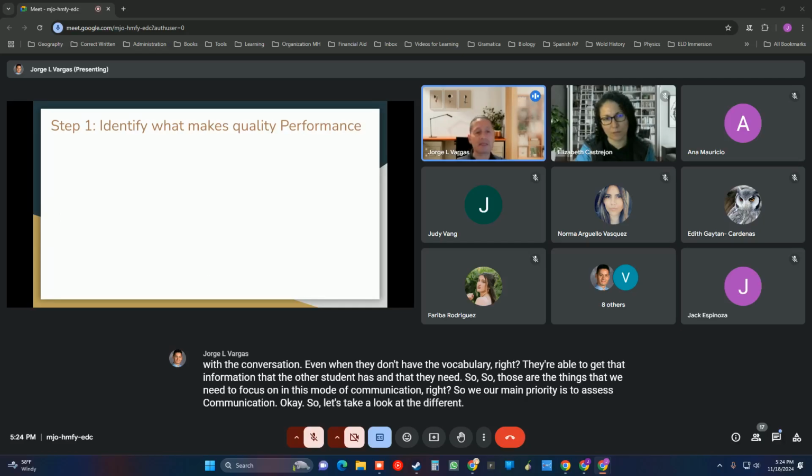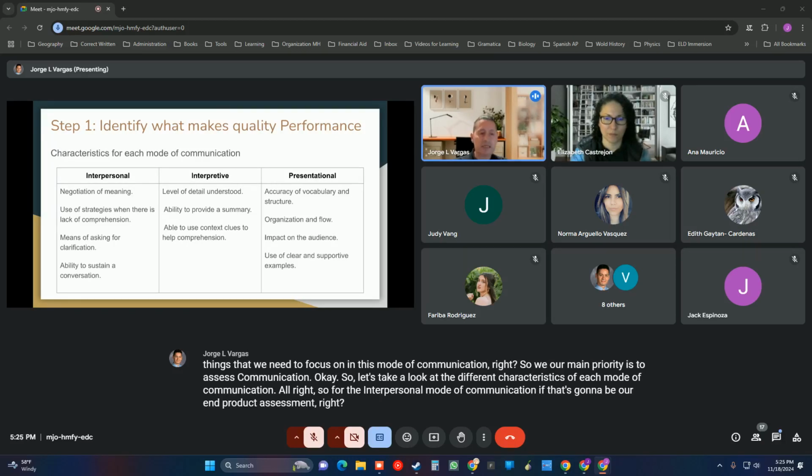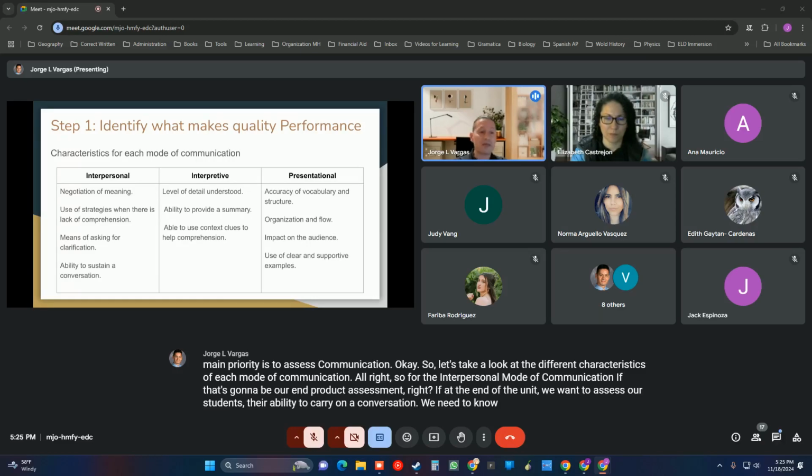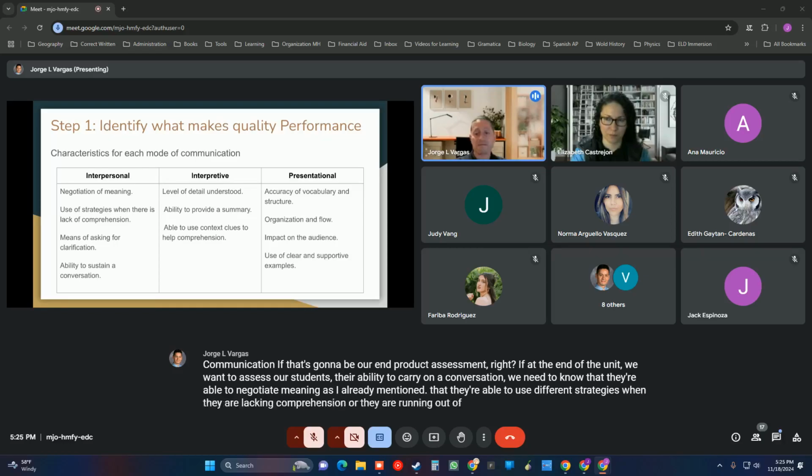For interpersonal communication, if that's going to be our product assessment, and we want to assess our students' ability to carry on a conversation, we need to know that they're able to negotiate meaning, that they're able to use different strategies when they are lacking comprehension or running out of language, that they're able to ask for clarifications in case they get stuck, and that they're able to sustain that conversation.